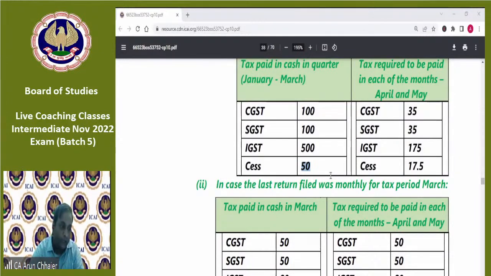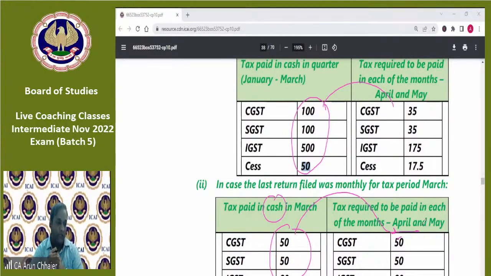If it is under QRMP, you will pay the liability which was paid in cash for that last quarter multiplied by 35%. If it is under the monthly scheme, then you will pay the actual amount, 100% of the tax liability discharged in cash, an equal amount for month 1 and month 2.